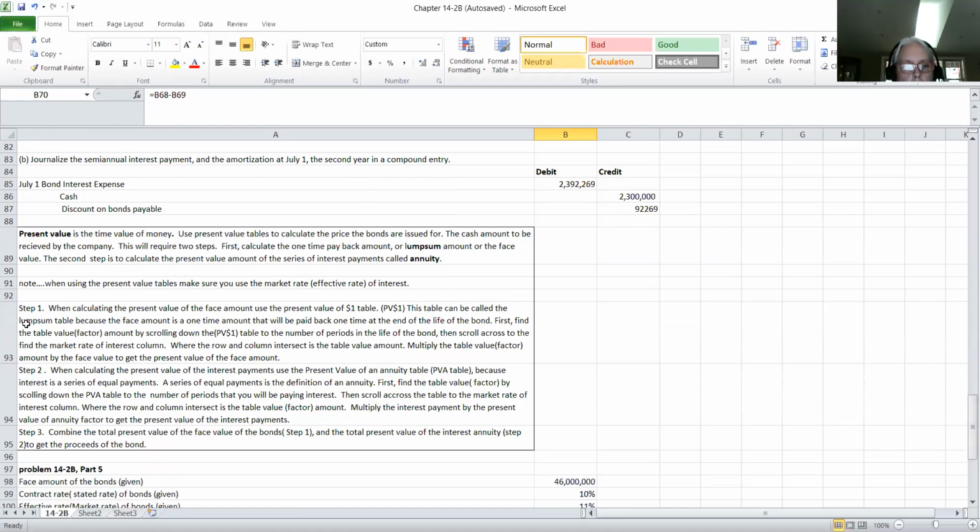So in step number 1, when calculating the present value of the face amount, we're going to use the present value of a dollar table. This table can be called the lump sum table because the face amount is a one-time amount that will be paid back one time at the end of the life of the bond.